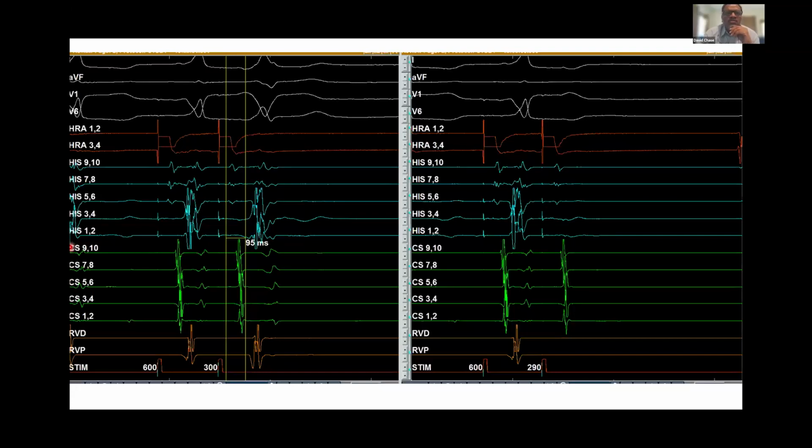The important thing to highlight now is that we are talking about pre-excitation. In WPW syndrome, if there is pre-excitation, that is antegrade pre-excitation.